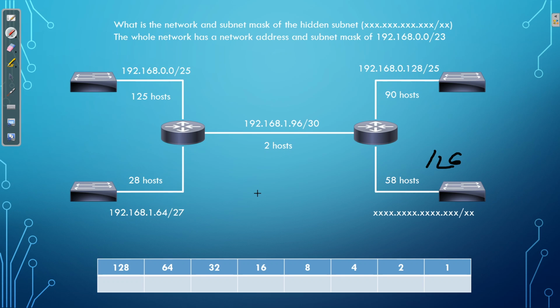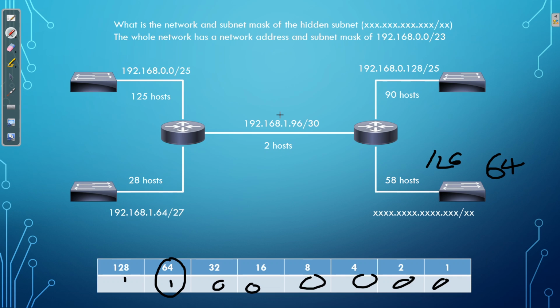So that's 1 1 0 0 0 0 0 0. Now I need to find out where my last binary one is. In this case, it is over here, so my increment is going to be 64. Let me write down my increment down here for future reference.